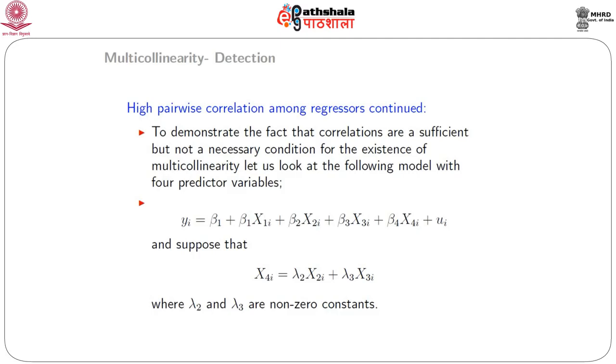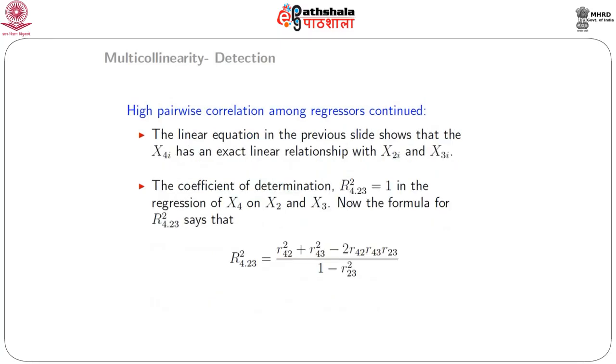Suppose that the 4th predictor variable x4 is perfectly linearly related to x2 and x3 in the following form: x4 equals lambda 2 x2 plus lambda 3 x3, where lambda 2 and lambda 3 are non-zero constants. So the linear equation in the previous slide shows that x4 has an exact linear relationship with x2 and x3.